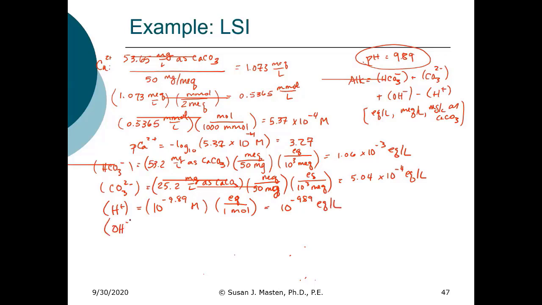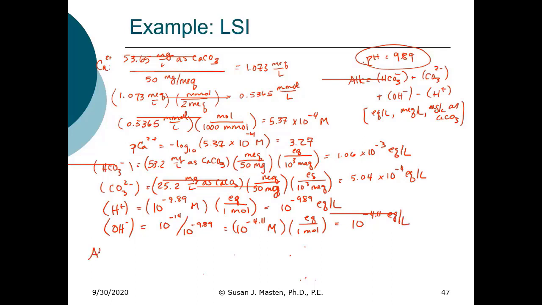And then OH minus is equal to 10 to the minus 14 divided by that, and I'm not taking into account temperature effects on the equilibrium constant, so ignoring that. And this is 10 to the minus 4.11, so that would be in molar units. We can multiply that by 1 mole per equivalent, and that is 10 to the minus 4.11 equivalents per liter.